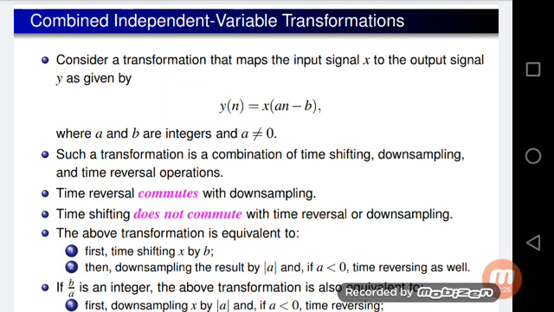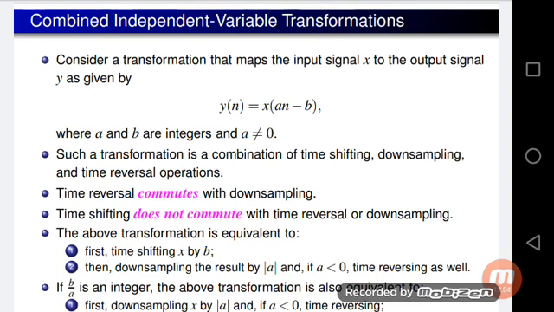Okay, time reversal over. Next one is time shifting, which does not commute with time reversal or downsampling. The above transformation is equivalent to first time shifting x by b and then downsampling the result by a, and if a is less than 0, time reversing as well.